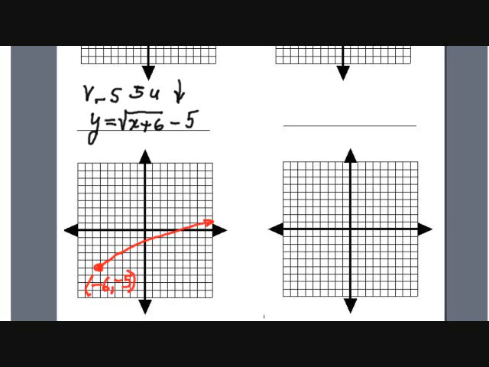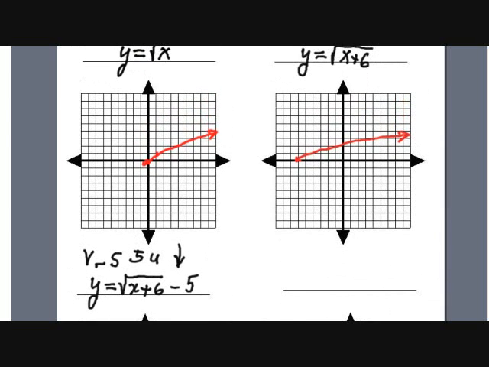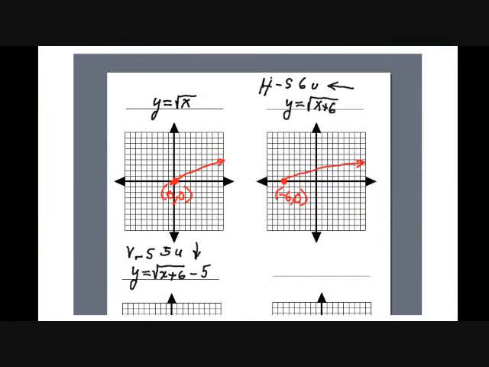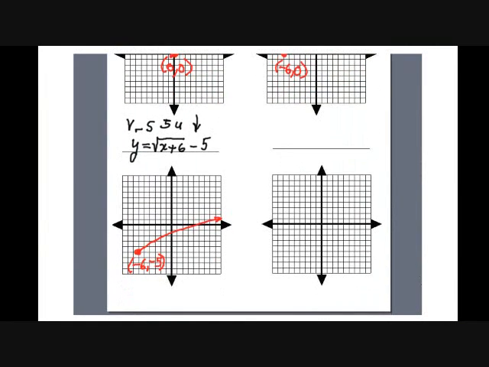In this case, the original point is 0, 0 in the basic. The first transformation is negative 6, 0. And the last was negative 6, negative 5. That's it.